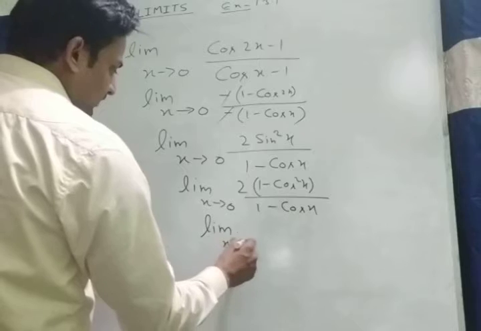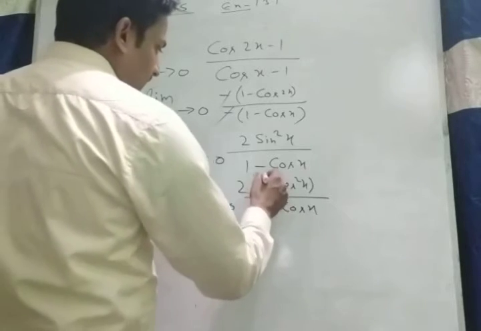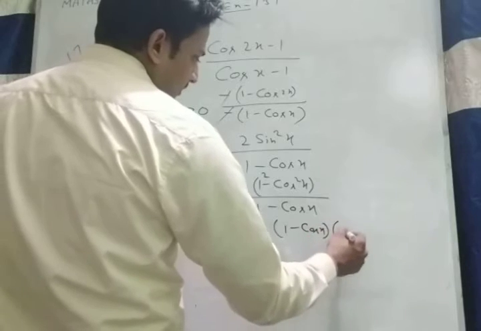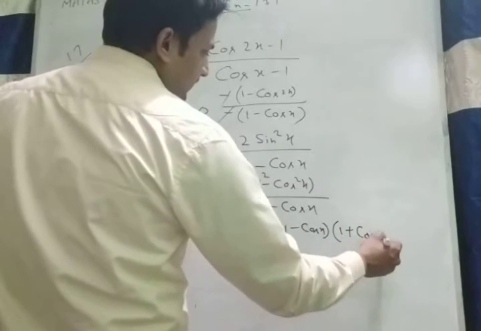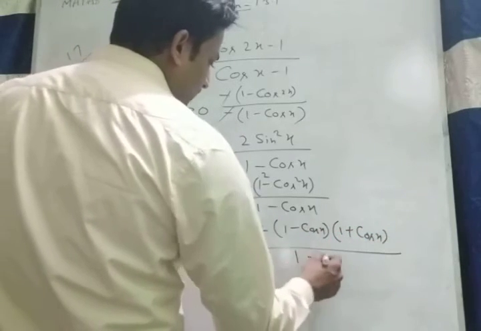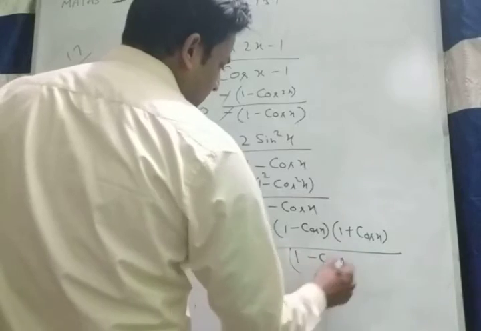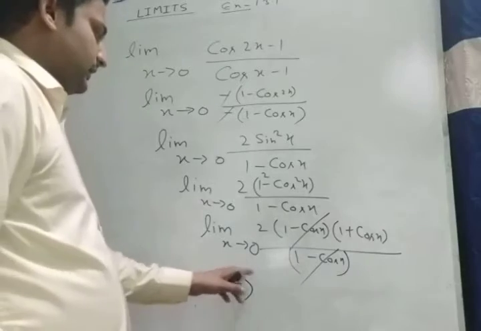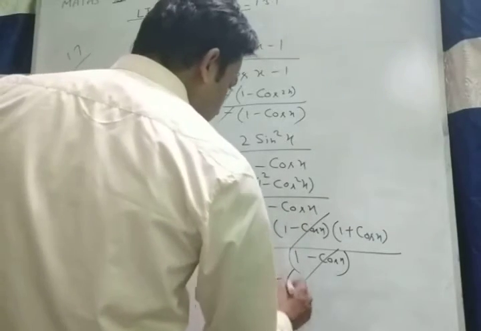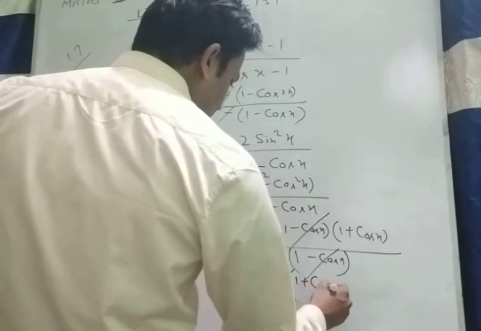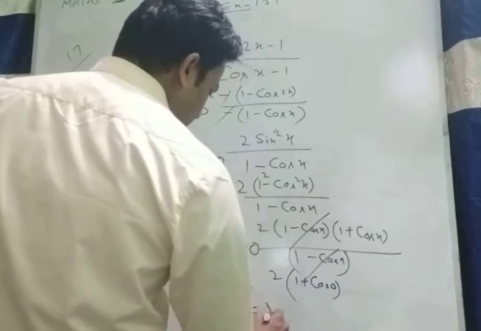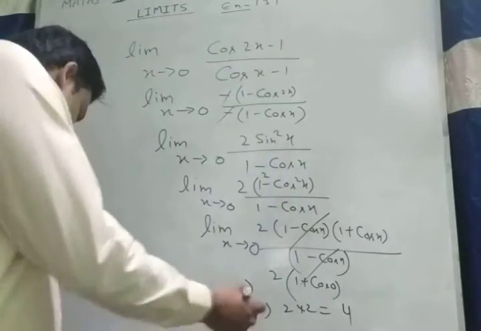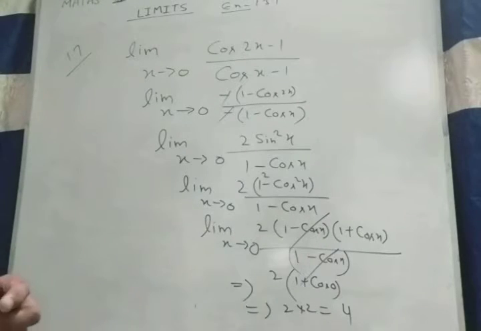Limit x tends to 0, we can write this as (1 minus cos x)(1 plus cos x) upon (1 minus cos x), and this cancels. Put the value of the limit, so we get 2(1 plus cos 0). This implies 2 into 2 is equal to 4. This is our answer.